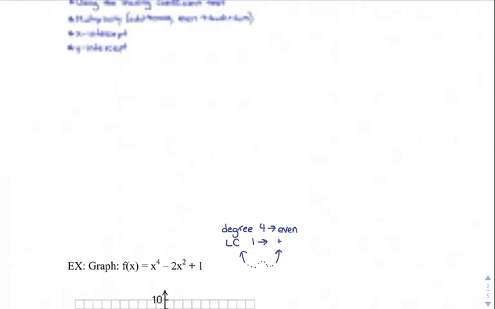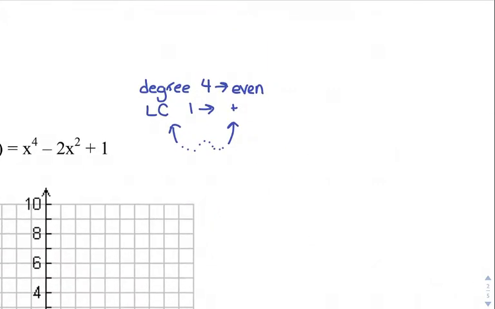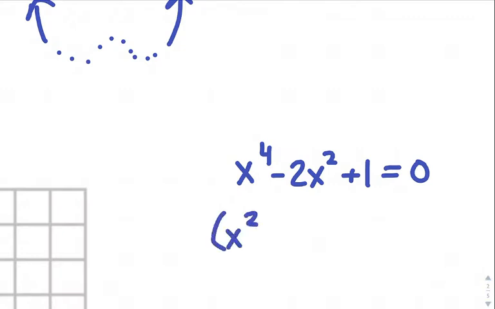Now the multiplicity. What I need for multiplicity is my zeros. Well, in order to find zeros, I need to find my x-intercepts. So we're going to take this function and set it equal to 0. So x to the 4th minus 2x squared plus 1 equals 0. Because 2 is half of 4, remember we can split this up as x squared times x squared.